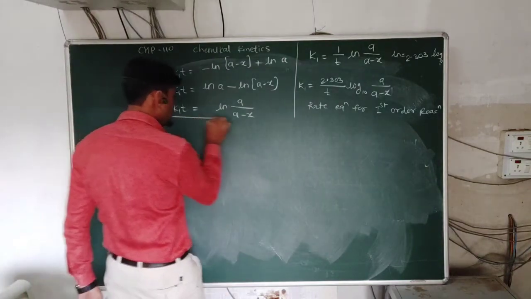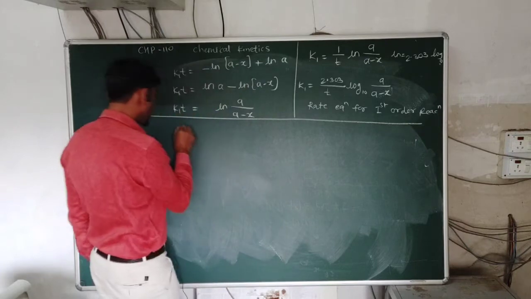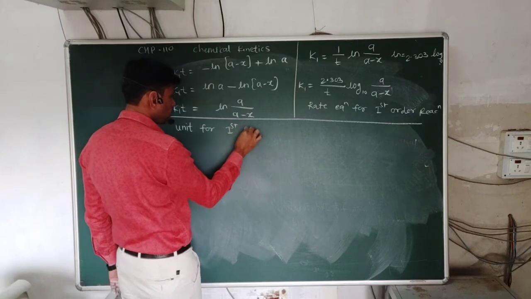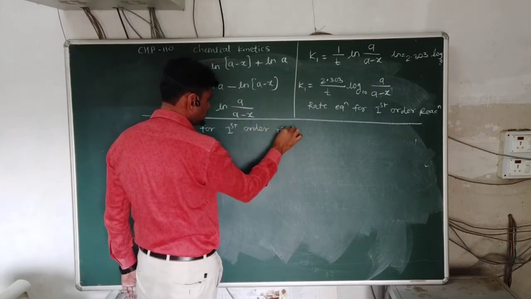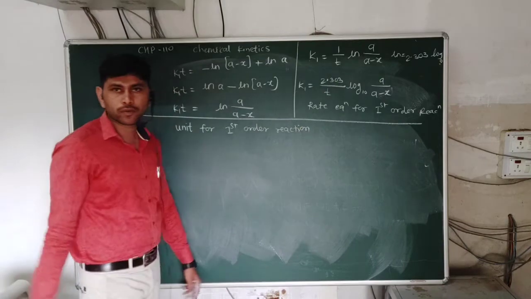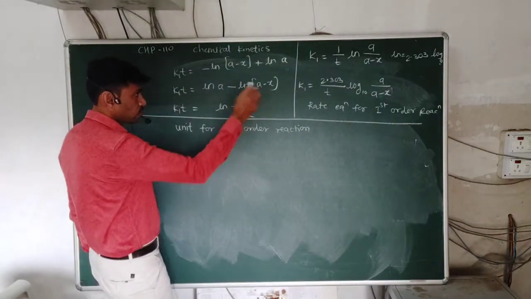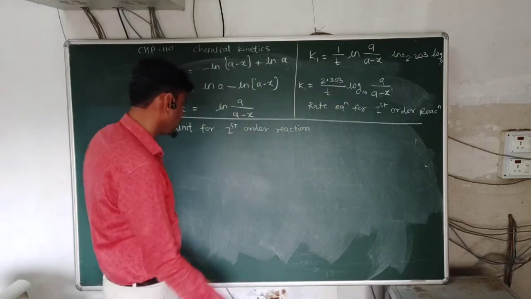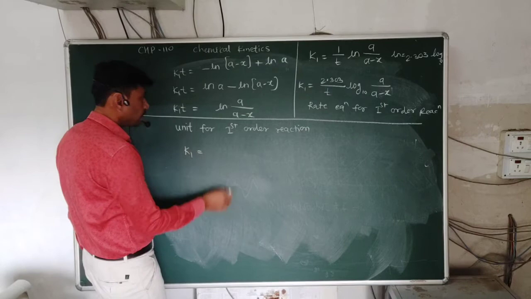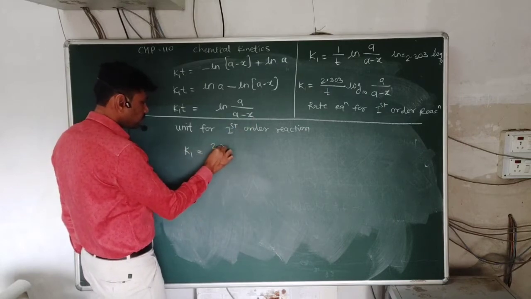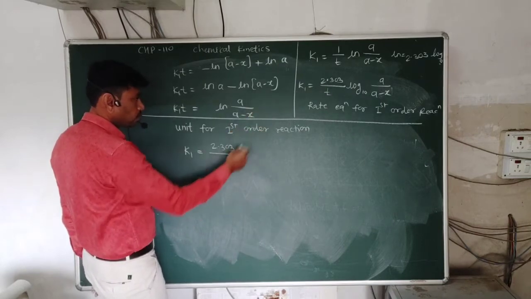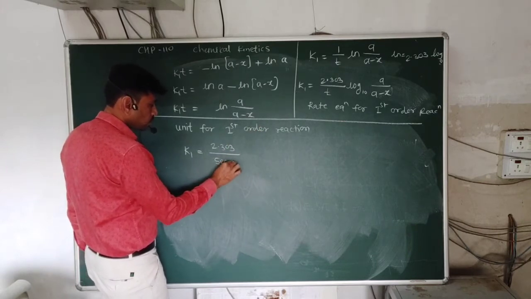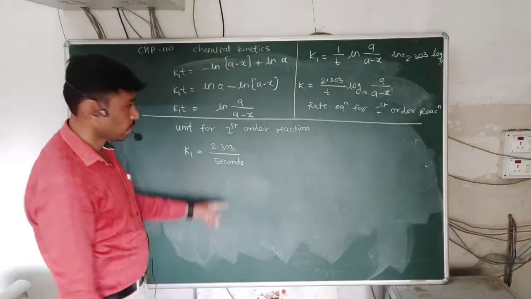So see here this rate equation and the unit for a first order reaction. The unit can be obtained from here. We are deriving the unit of k1. 2.303 has no unit. t is time, expressed in seconds.